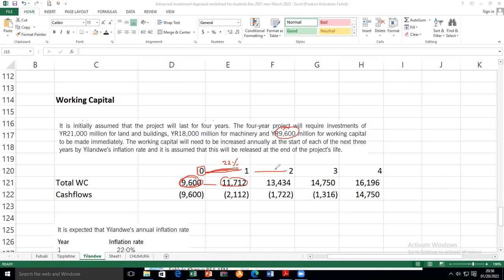In the second year, 14.7%. In the third year, 9.8%. So we increase this figure because of inflation. You need more and more money to support your working capital needs.